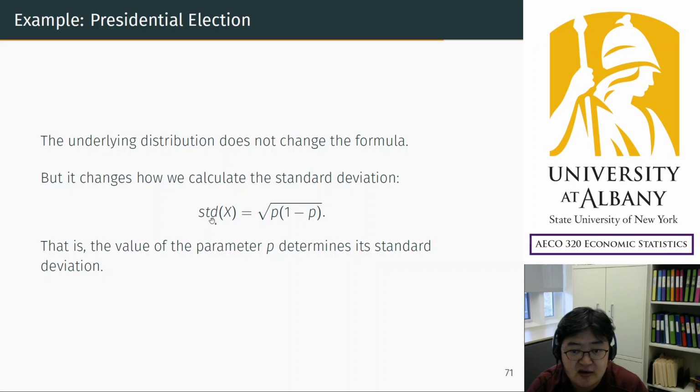The variance of the binary distribution was p times 1 minus p. So the standard deviation was the square root of that. And then you need to use this standard deviation when you calculate the margin of error. That's the only difference when you apply the confidence interval formula to the binary distribution, right?